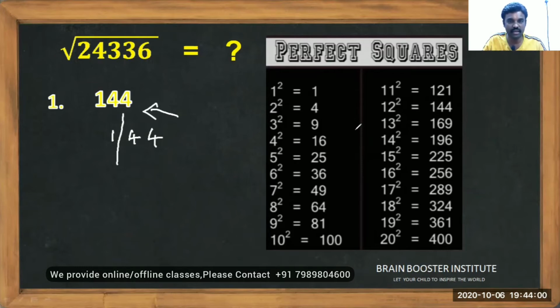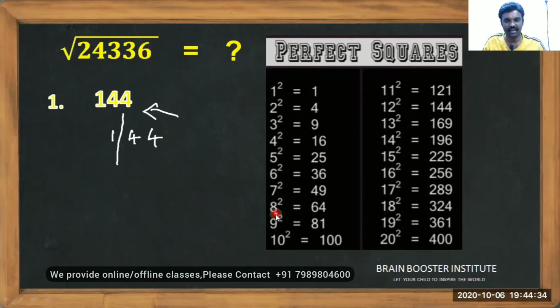In the chart, see, the unit digit 4 has two perfect squares with that unit digit. What are those perfect squares? The first one is 2 and the second one is 8. Have you understood? This means the square root of 144 may end with 2 and may end with 8.